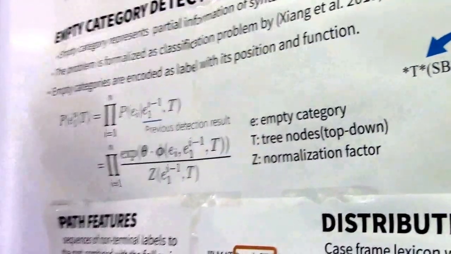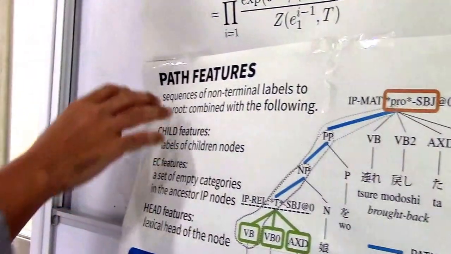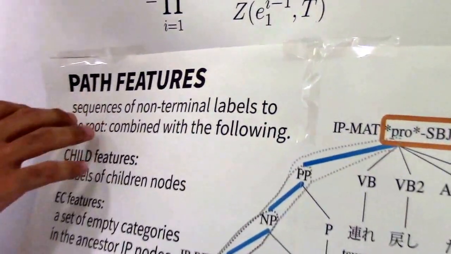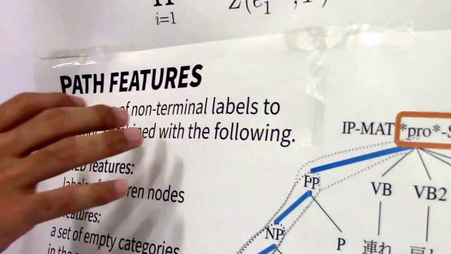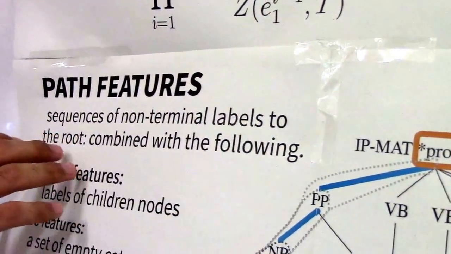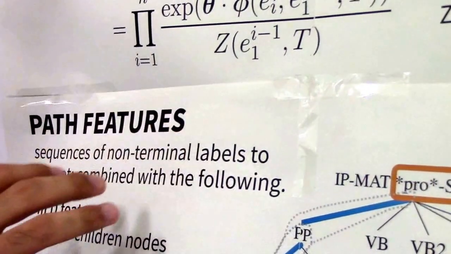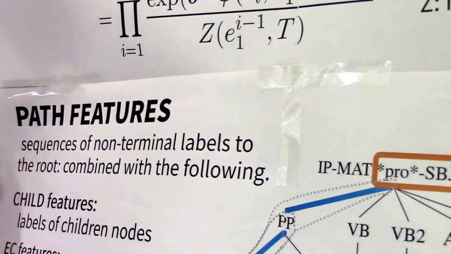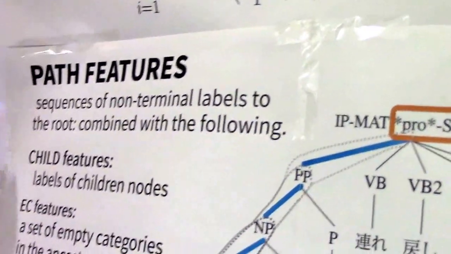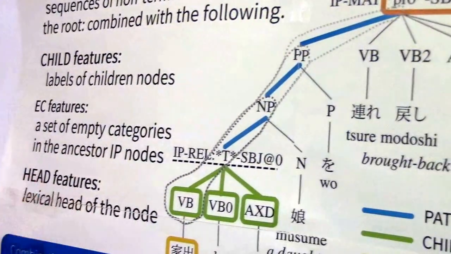To solve this problem, we propose two features, path features and distributed case frames. I'll explain the path features first. Path features are a sequence of the non-terminal labels to the root, and we combine these features with the following three features: child features, each features, and head features.